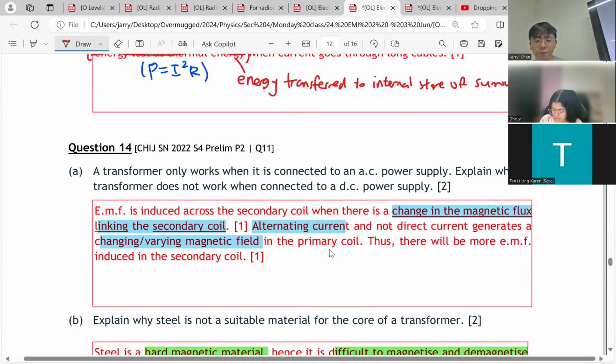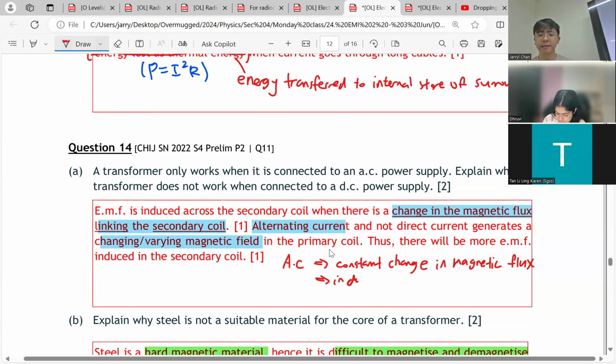Understand the thoughts behind this, and let's be a bit more careful in studying here. When AC is involved, I have a constant change in magnetic flux, so an induced EMF, by Faraday's law.